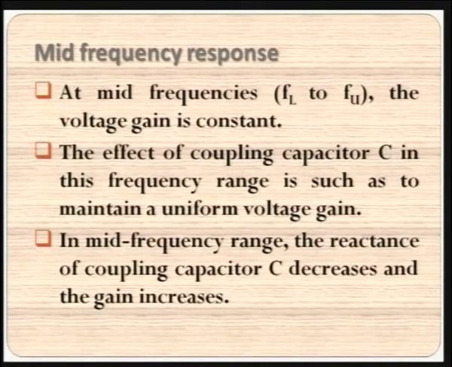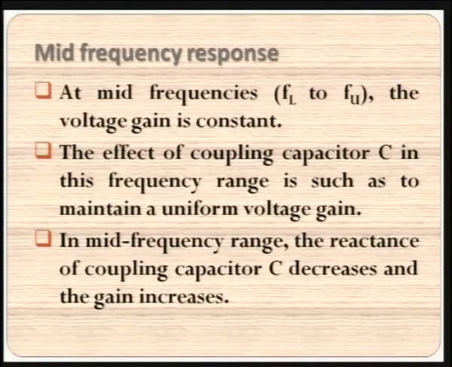At mid frequency, that is from the lower cutoff frequency to the upper cutoff frequency, FL to FU, the voltage gain is constant. The effect of coupling capacitor C in this frequency range is such as to maintain a uniform voltage gain.